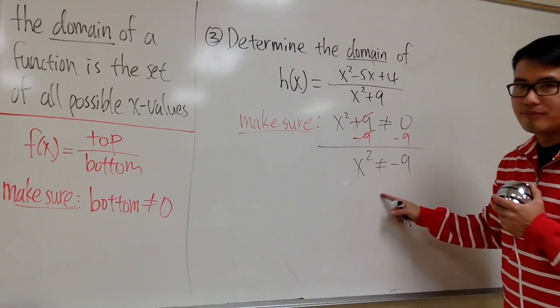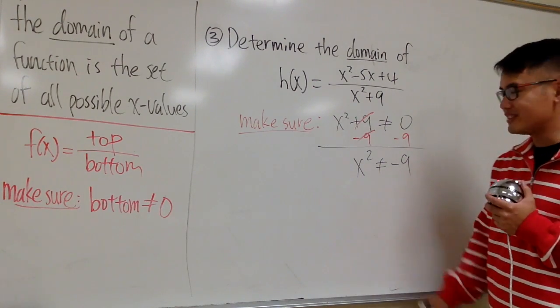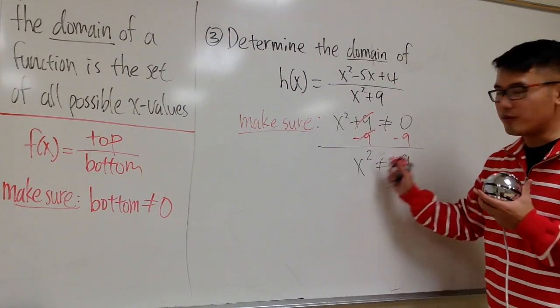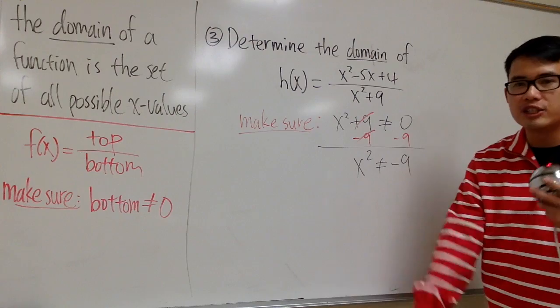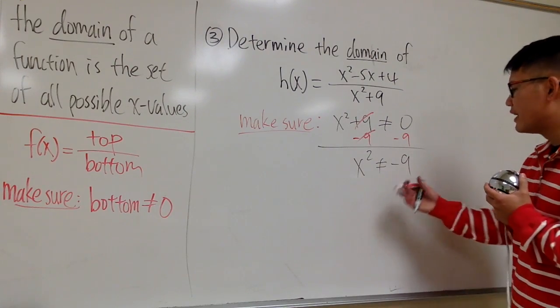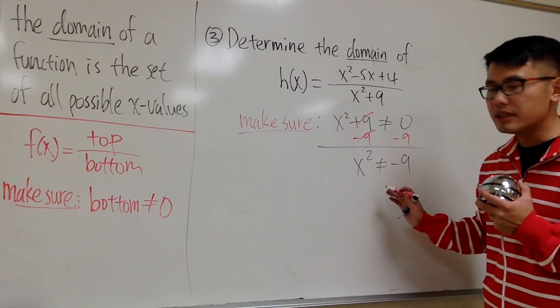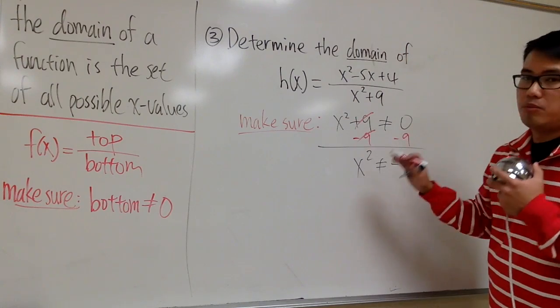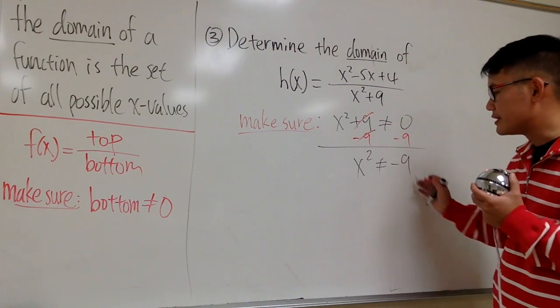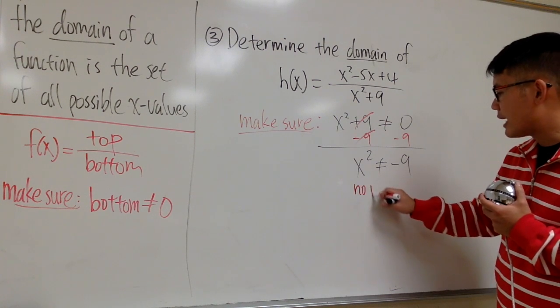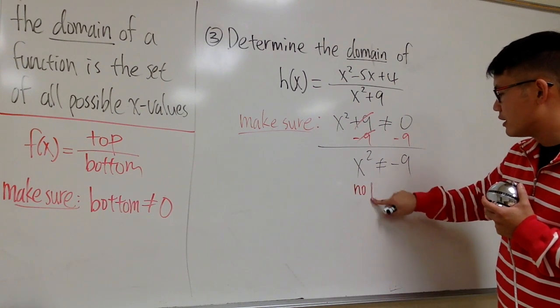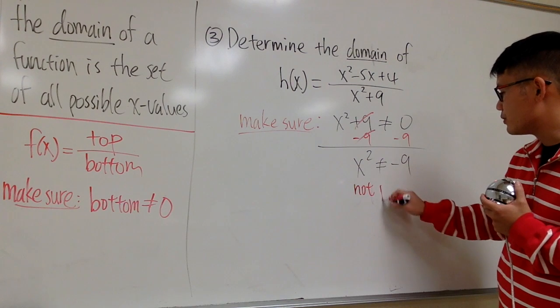This right here has no real value solutions. It's not possible for this to happen, right? Unless you use complex numbers, the imaginary number i. But at the moment, we don't need to worry about it, especially for domain. There are no real numbers that will make this happen, right? So this right here is not possible. So let me just put down not possible for this to happen.